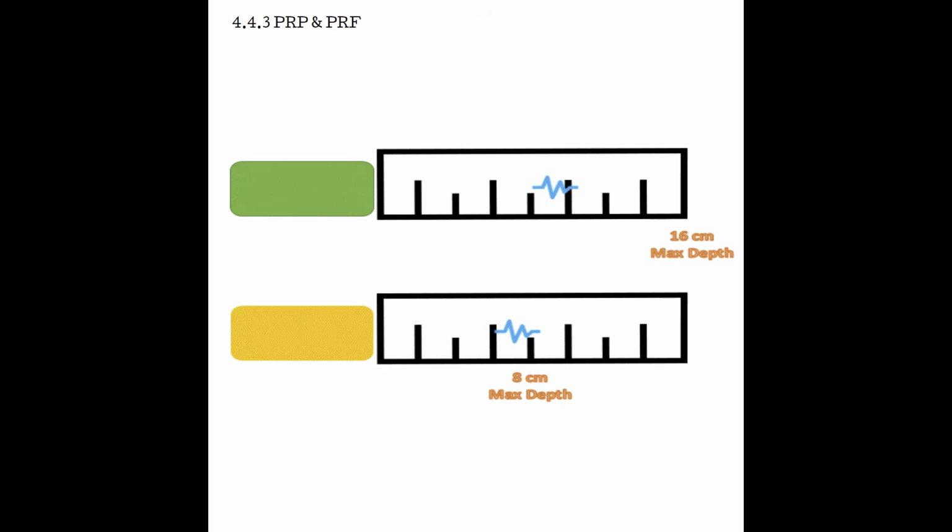So let's take a look at an example of how PRP and PRF are related to one another and how they react to different depths. Let's say that these transducers are the exact same transducer. In the green situation, we have the transducer set to a 16 centimeter max depth. And in the yellow situation, the very same transducer has been reduced to an 8 centimeter max depth. So remember, these are the same exact transducers.